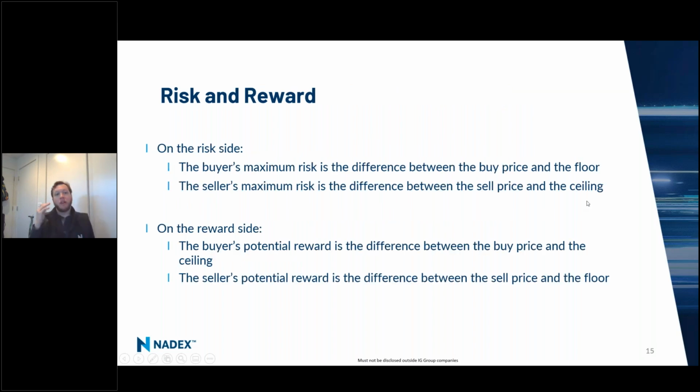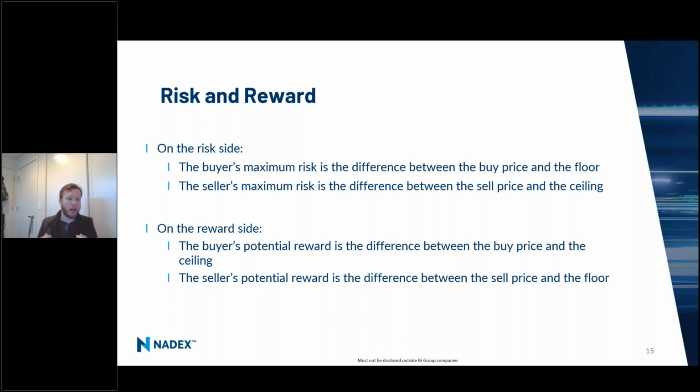So on the buyer side, your maximum risk is going to be the difference between what you're paying to get into the contract, the buy side price, and the floor of that contract, right? So in the example we were looking at earlier, gold is trading from 1800 to 1850. Gold is at 1820 right now.